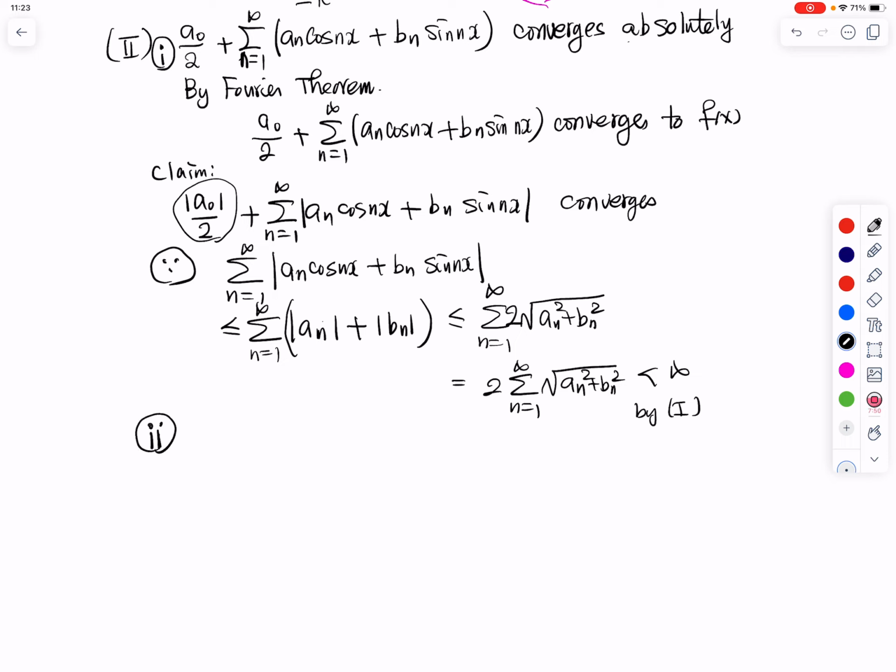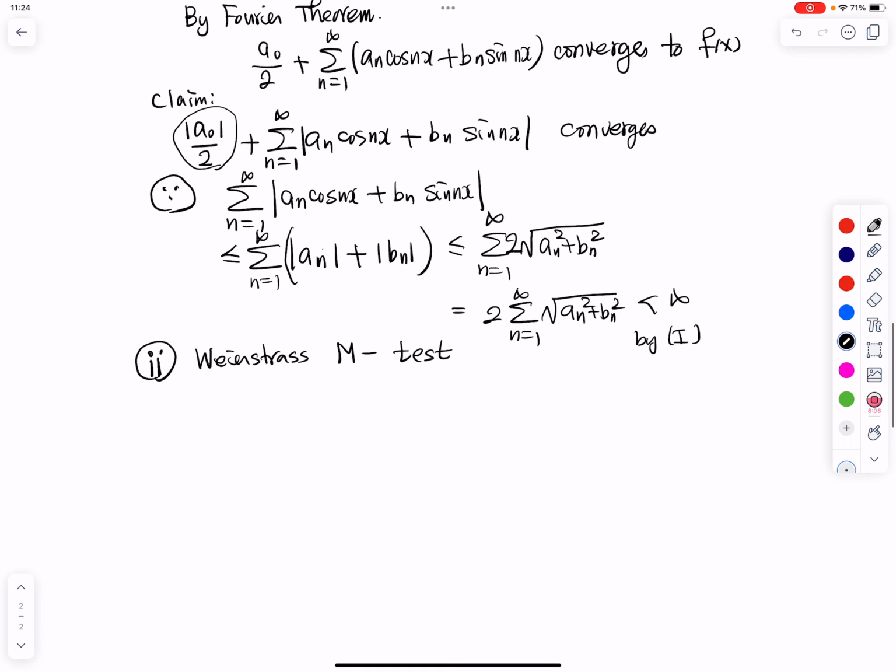And the second part is also very easy. In order to prove the second part, we use the Weierstrass M-test. So you can apply the Weierstrass M-test. What is that?